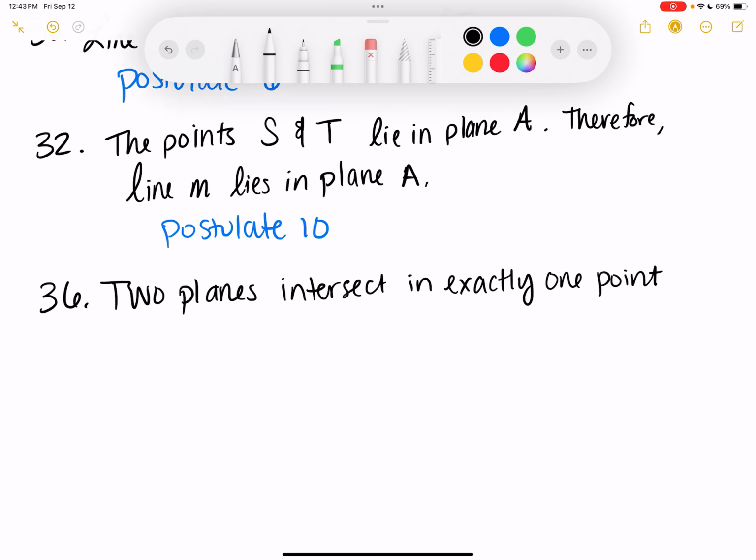What postulate would show that that's false? Postulate 11, which says if 2 planes intersect, then their intersection is a line. So this should be a line instead of point.